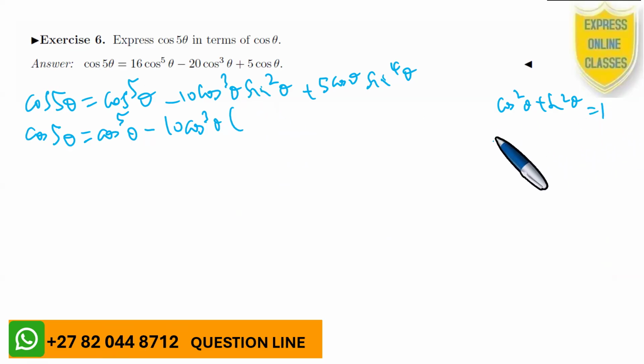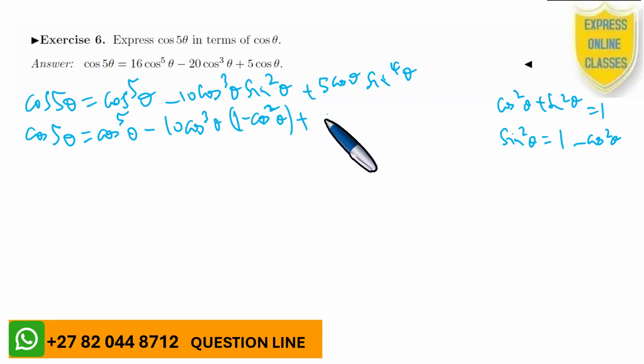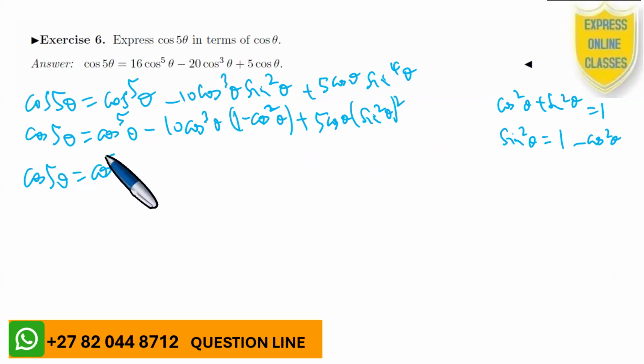This is 1, which is 1 minus cosine squared theta, which is 5 cosine theta sine squared squared, which is minus 10 cosine cubed theta, cosine to the power 5 of theta.